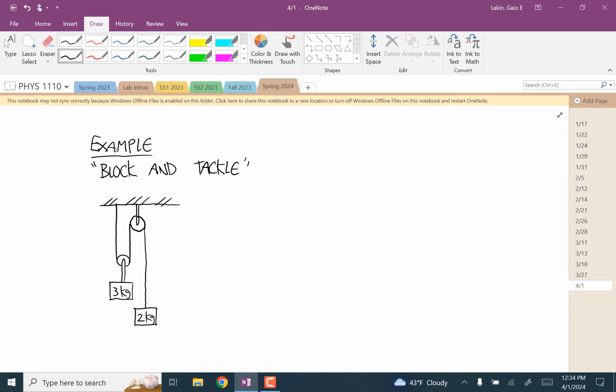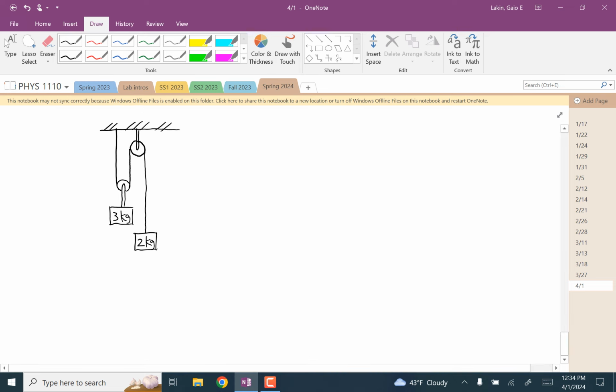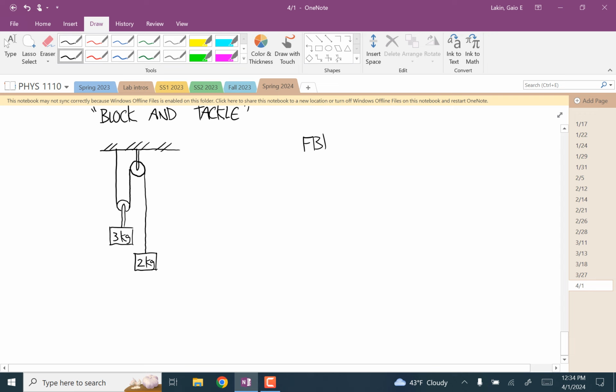I'm going to start with a free body diagram of the 3 kilogram. And what I'm going to isolate is all of this hanging stuff. Okay? So I'll include the cable that goes under the pulley, and the mass.